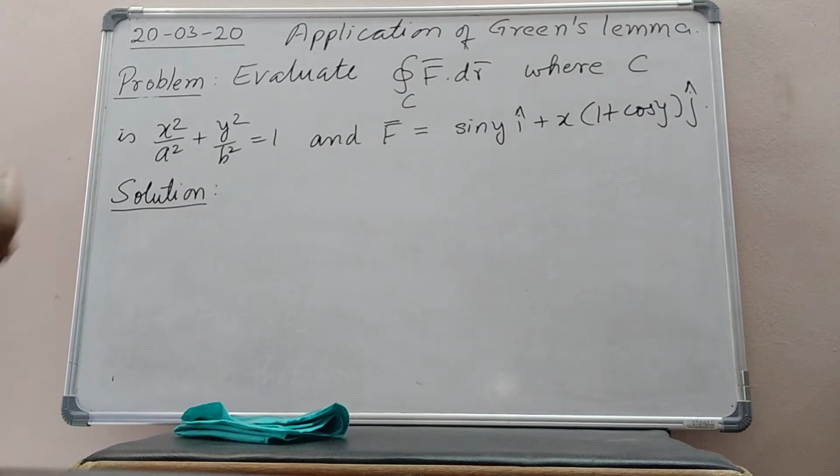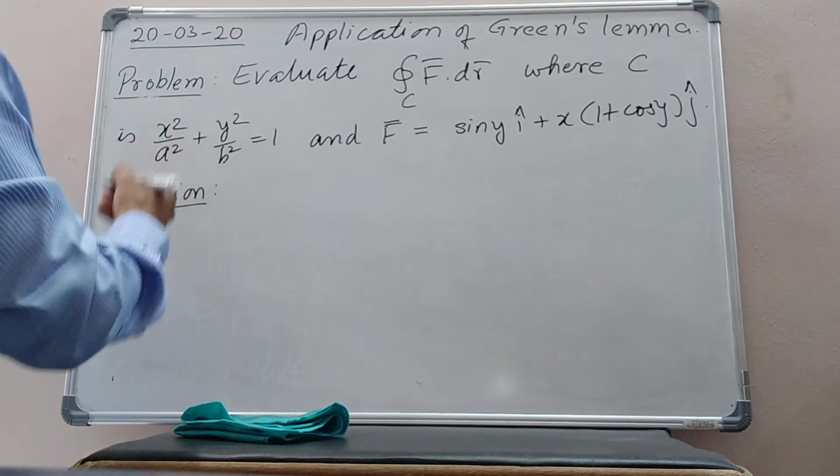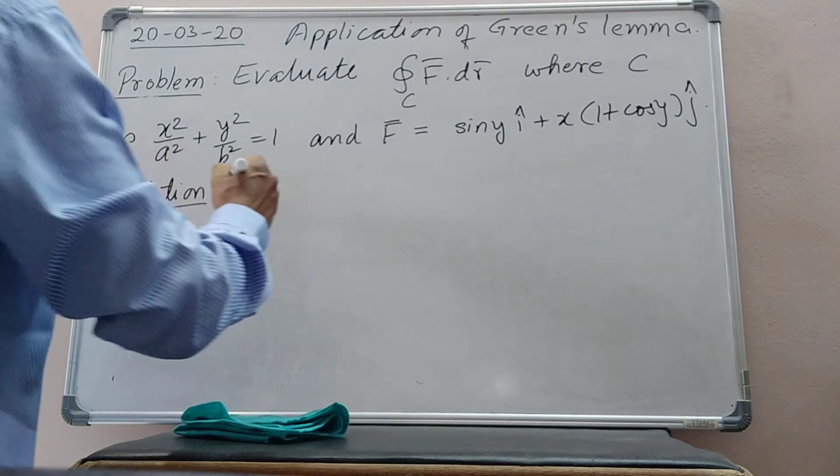So if I'm working out the line integral, I need a parameterization of this curve. So I begin by choosing a parameterization for the ellipse.